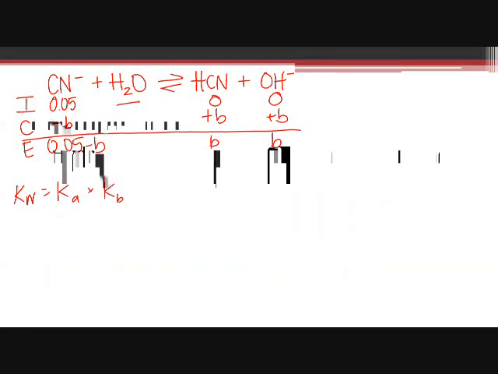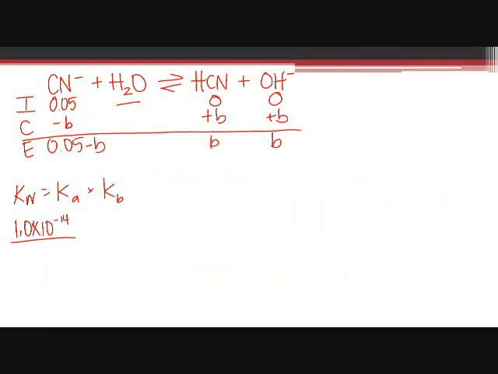So to find the Kb, we just have to take the Kw, which is 1.0 times 10 to the negative 14, divided by our Ka, which is 6.2 times 10 to the negative 10. And that will tell us the Kb value, which is 1.6 times 10 to the negative 5.